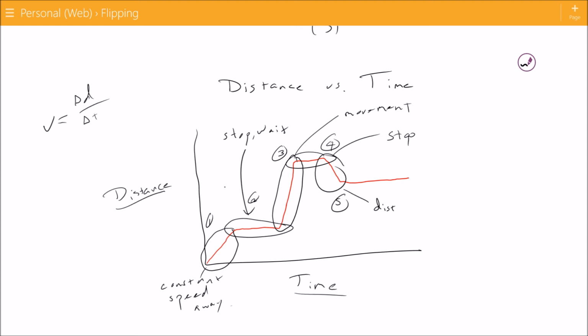The distance is decreasing. So that means you basically are going in reverse, or you're returning back toward where you started. Because the distance from the starting point that we left way over here at the beginning of time is decreasing.